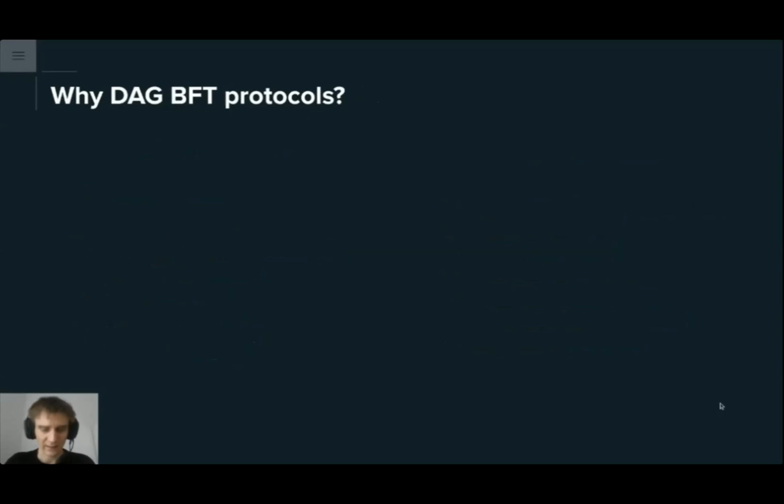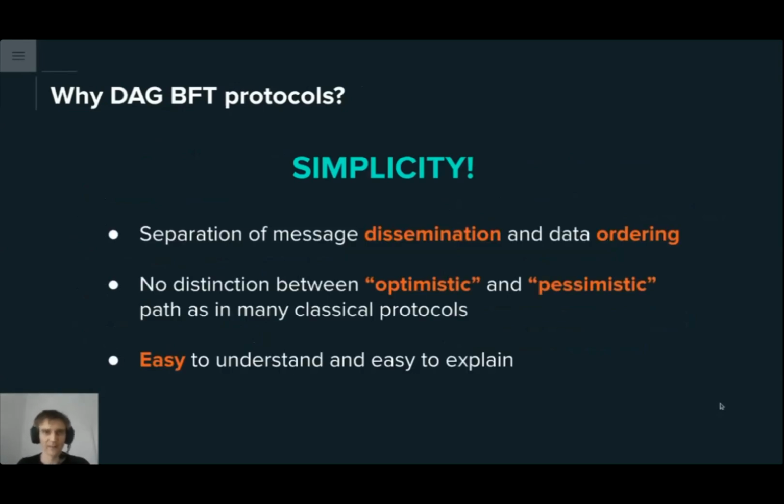Why do we like DAG BFT protocols? Well, I think the most important reason is simplicity. They're all very efficient, but I think the simplicity is even more important. The simplicity comes from separating two aspects of the protocol, one being data dissemination and one being ordering data based on the messages that come from the network.